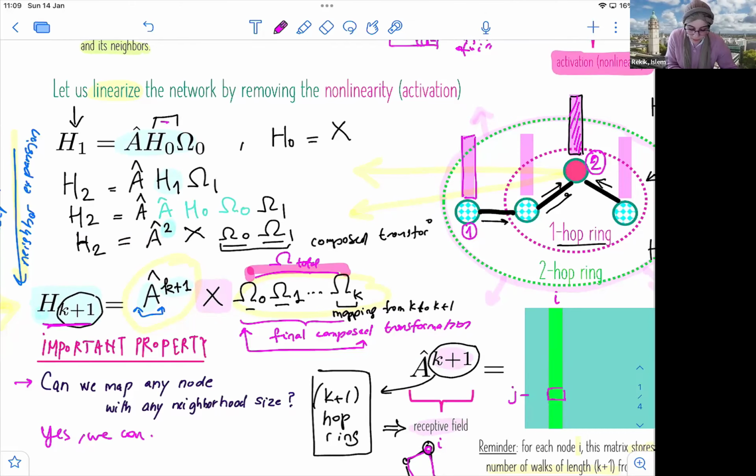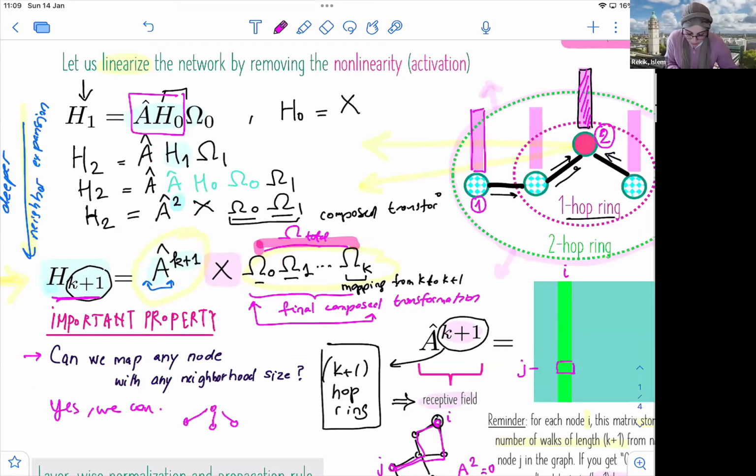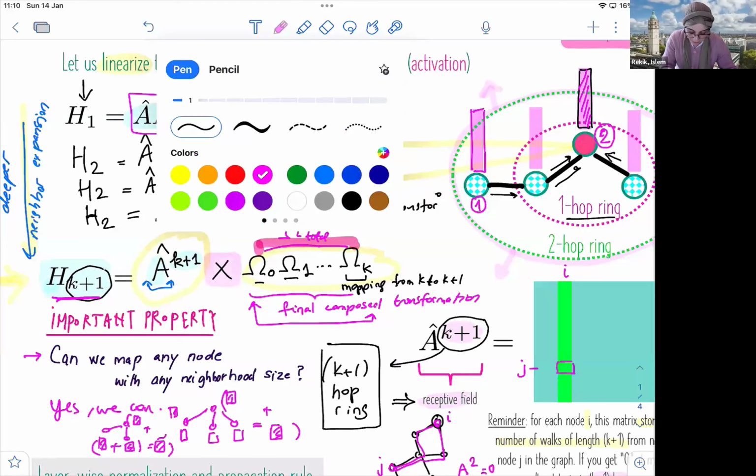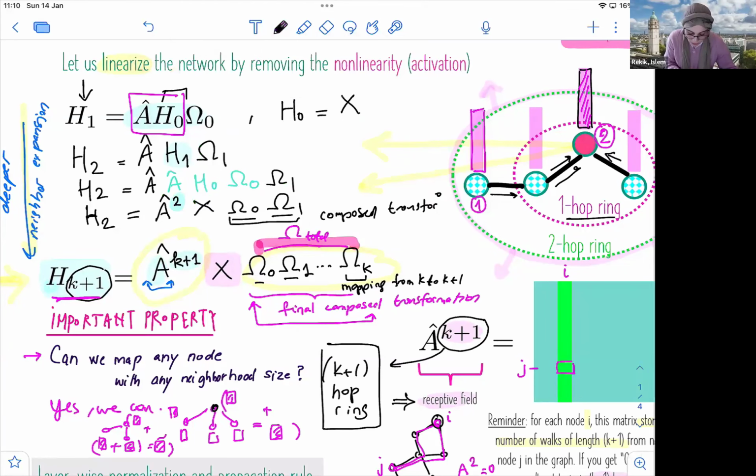If you have three neighbors, you aggregate these three neighbors into one, then take the embedding here, add them up, and then transform. If you have two neighbors, you do the same: you take these two embeddings, add them up, get an average, and then add that to the embedding of this node. In this way, you get the final updated embedding for this particular node. So nicely, this does not depend on the number of neighbors.